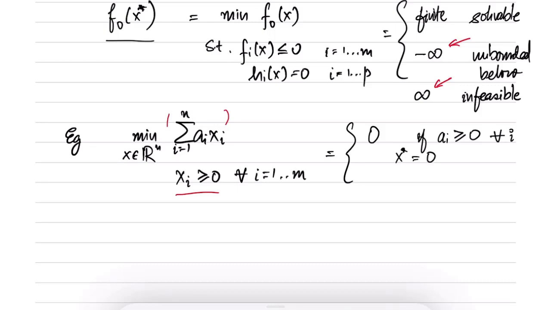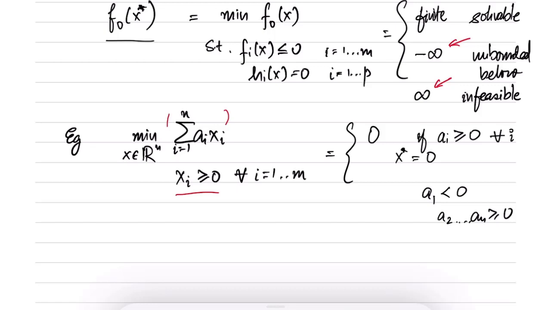So in this case, x star would be 0. On the other hand, what would happen if one of the ai's, let's say a1, is less than 0 while a2 to an are all greater than or equal to 0? Even if one of the ai's is less than 0, we can take that x1.